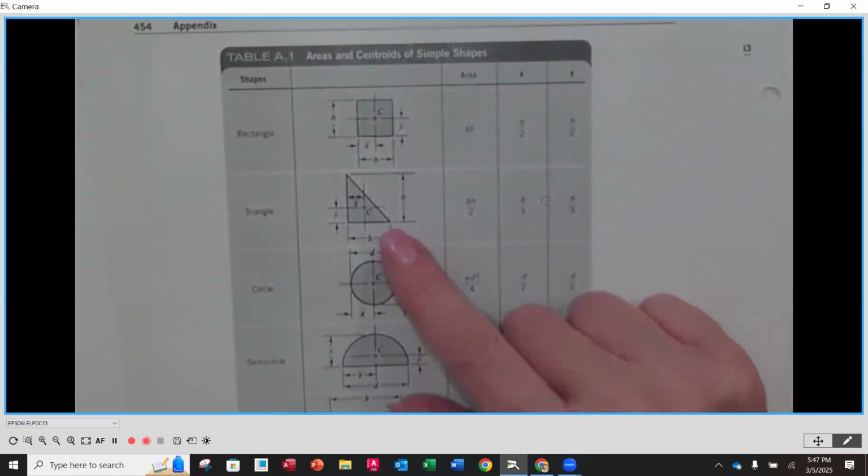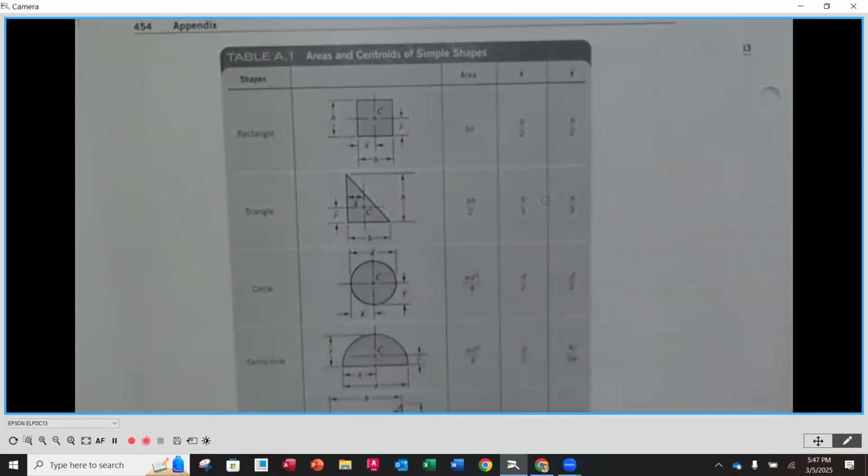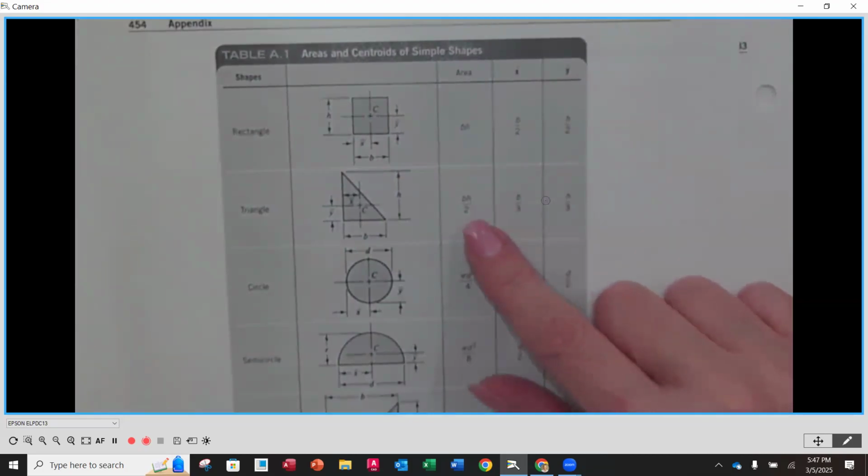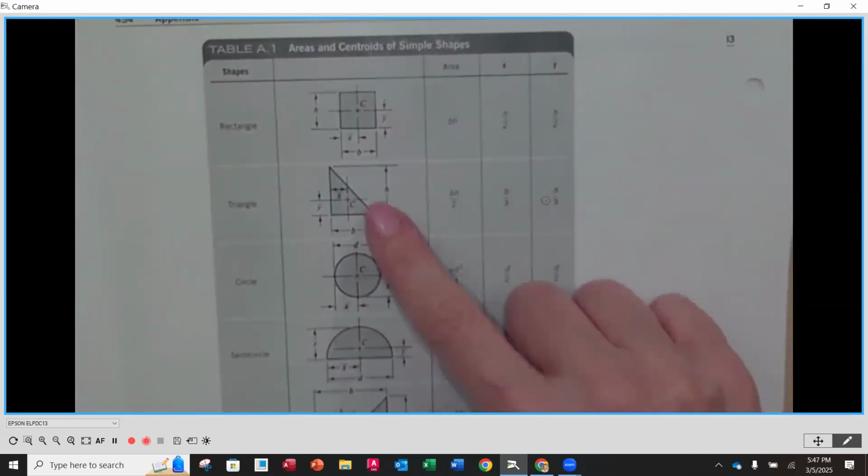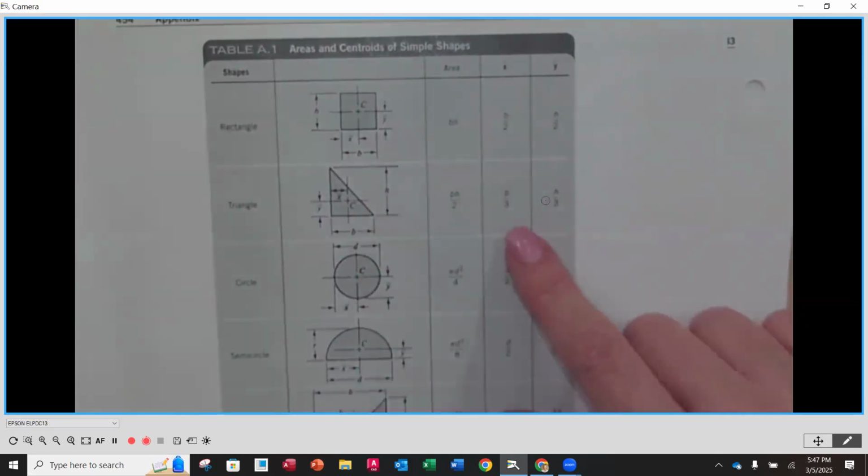You're going to get used to it, but you might need to look up where the centroid is or what the area is for a triangle, because it's probably something that's not quite at the tip of the tongue. But the area is going to be the base times height divided by 2. And then they identify the base and the height for this triangle. And then as far as the X bar and the Y bar, I always like to say we go from the high side.